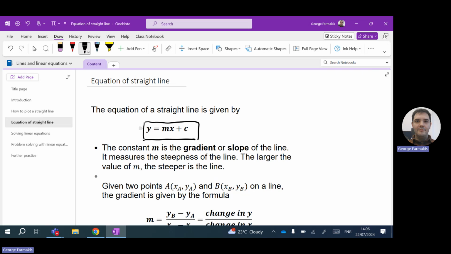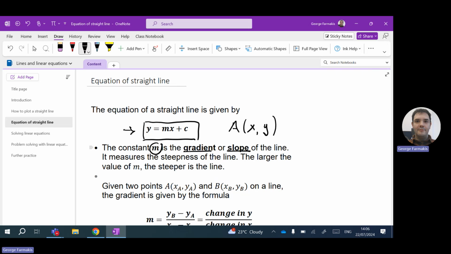A point on a line has coordinate x and coordinate y. If the point belongs to this line, then the coordinates of the point satisfy the equation of the straight line. The constant m is the gradient or the slope of the line, and it measures the steepness of the line. The larger the value of m, the steeper the line.